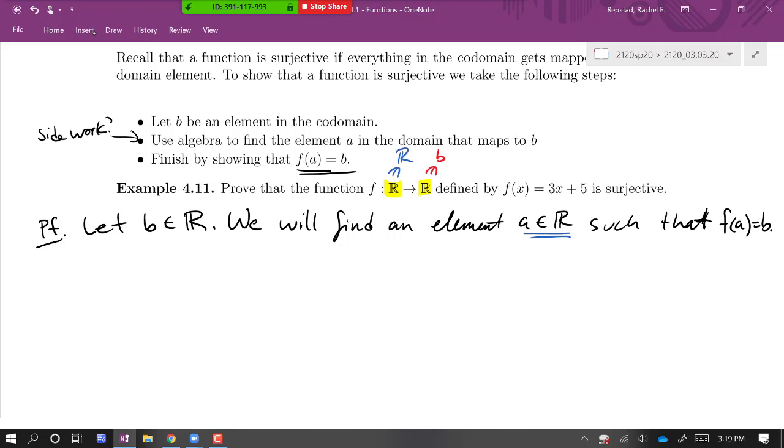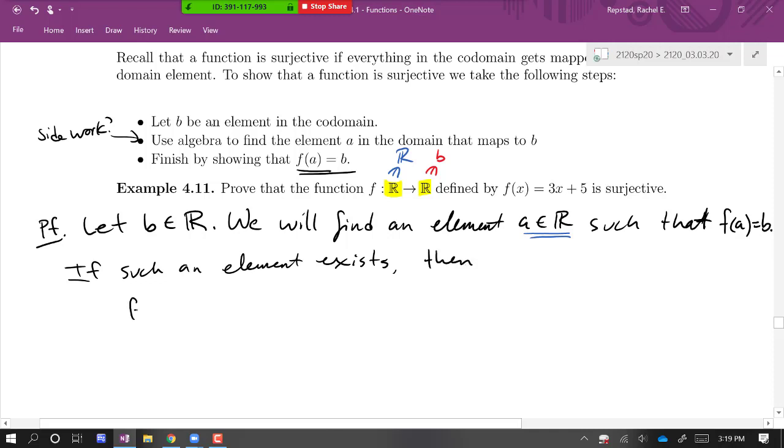All right, so we're going to find an element A such that f of A is equal to B. So if such an element exists, then we have f of A, which is 3A plus 5, equals B. Here's the equation, right? Now we have an equation.